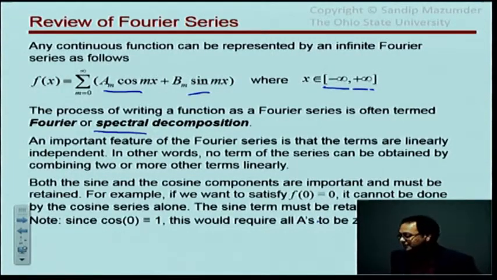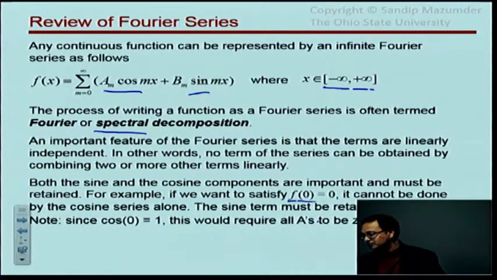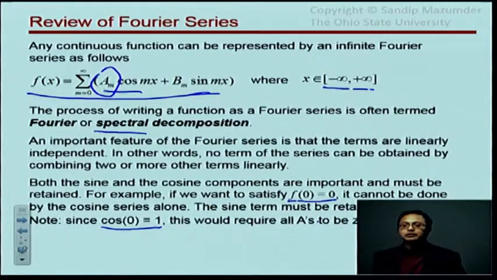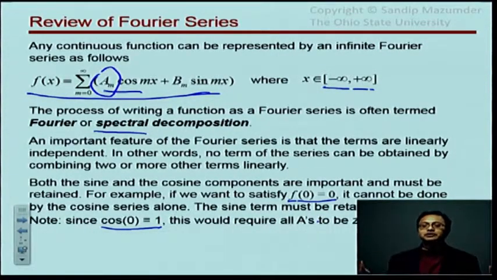For example, if I wanted to satisfy this function f at 0 equal to 0 using this Fourier series, and I did not keep the sine terms, then it won't even work, because cosine of 0 is 1, which means all of the a_m must go to 0 in order to satisfy f(0), and that would basically give you a trivial solution. Okay, so you can't even have a function with that if all of the a_m go away. So therefore, in such a case, you have to retain the sine terms.